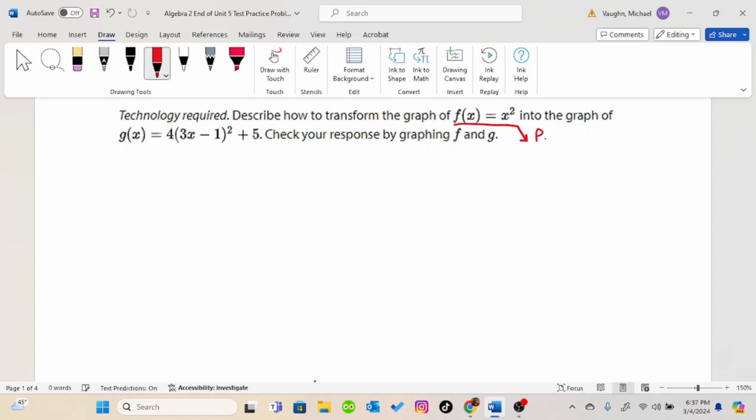This is the graph of a parabola opening upward with the vertex at the origin.